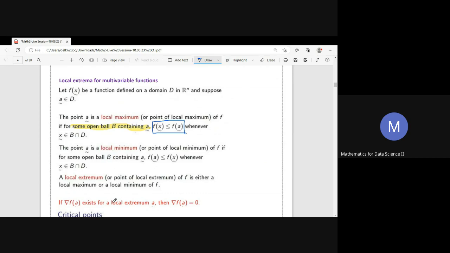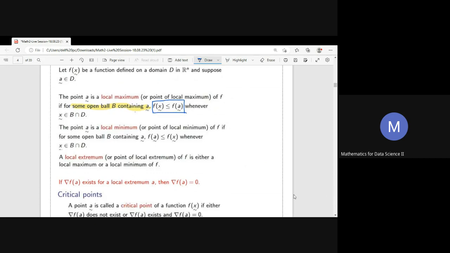So how do you find this local extremum? At the point of local extremum, you know that the gradient is 0. Just like in the case of 2D, at the point of local extremum, the derivative is 0. In the 2D case, it is very easy to see.